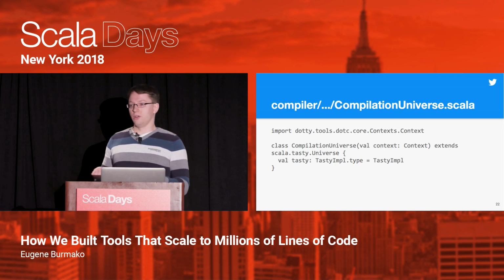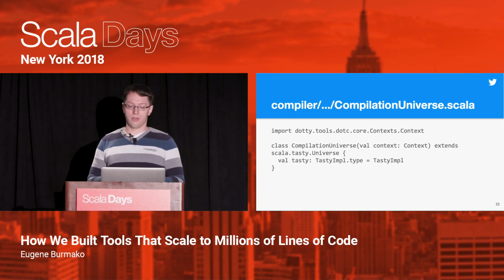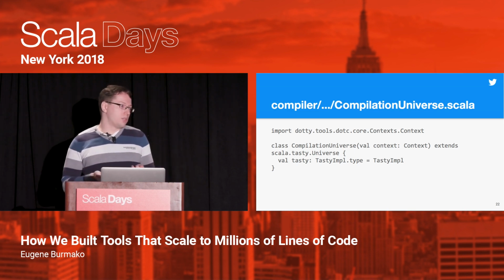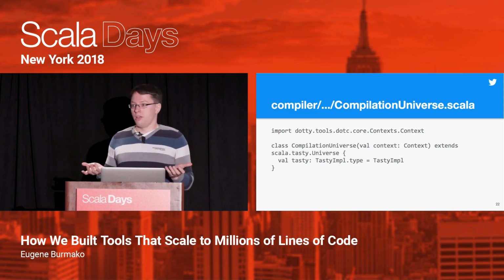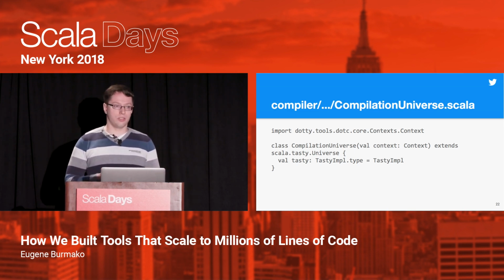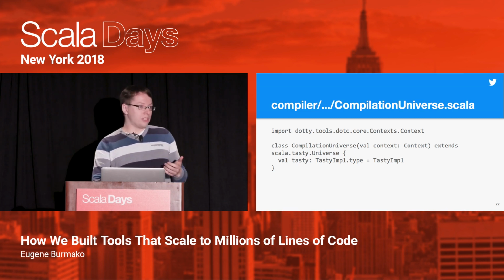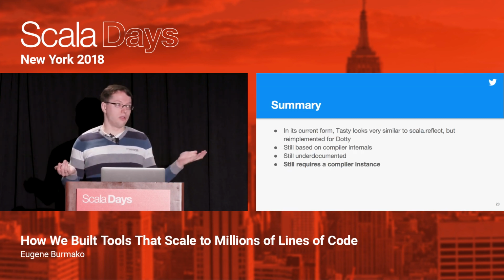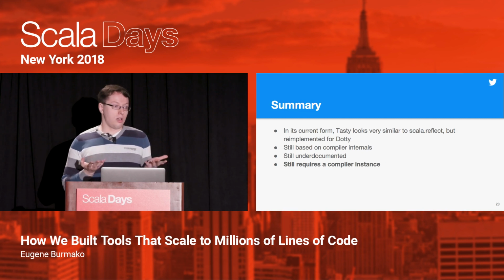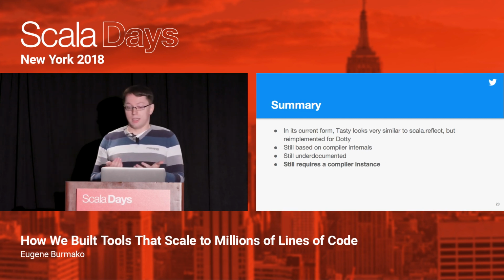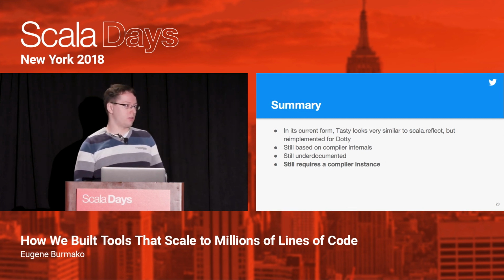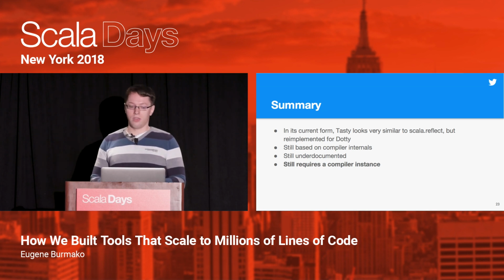So basically, this is the only thing that implements TASTy right now. And in a way, it's similar to the situation with Scala Reflect, where the compiler was basically the only implementation of its metaprogramming API. So just to sum it up, what we've gleaned from Dotty master, it looks like TASTy is similar to Scala Reflect at this point, but re-implemented for Dotty.